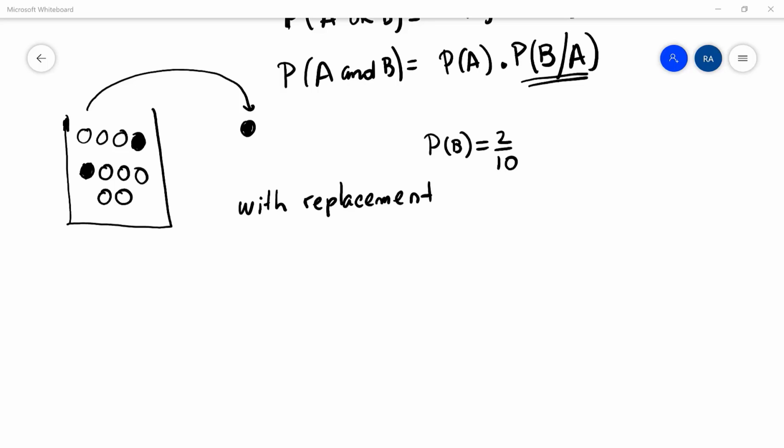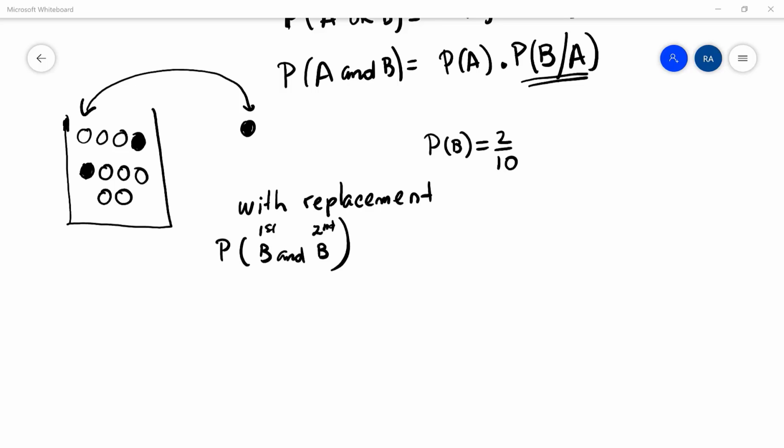Let's select the first ball, and after that we replace the ball, and let's select the second ball, and we want to obtain the probability that the first is black and the second selection also is black. If we do the procedure with replacement, my sample space always is the same.